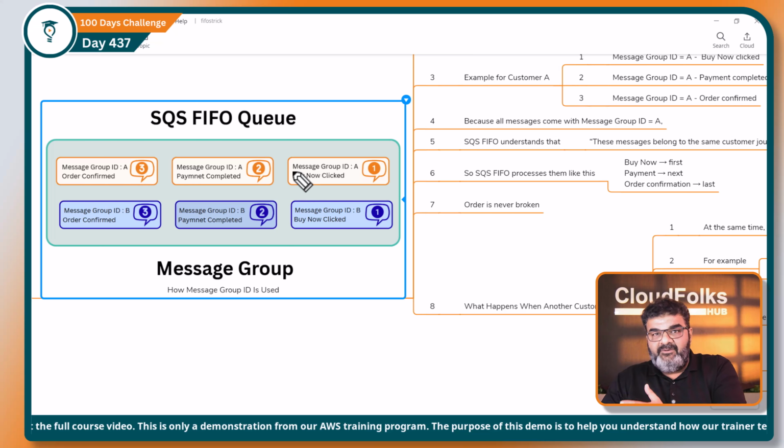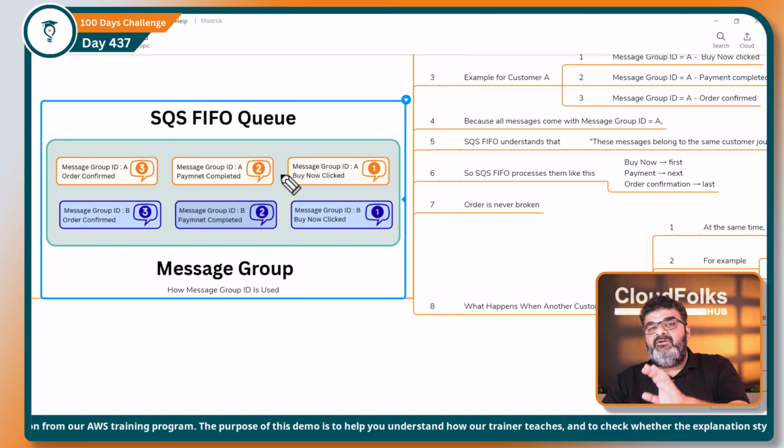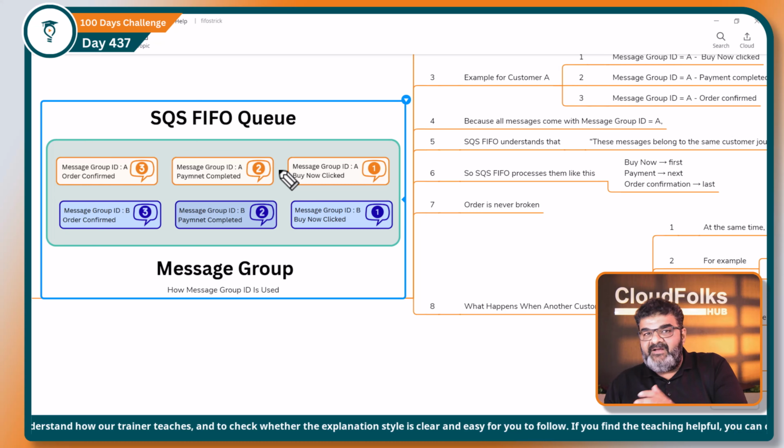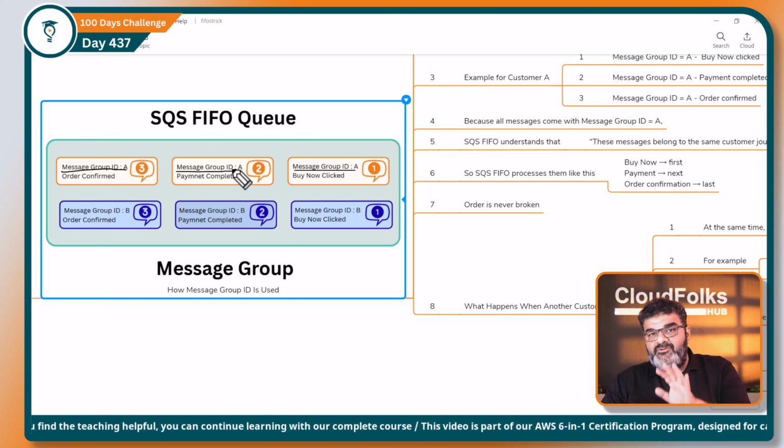So what is actually happening over here? The producer is sending details that all these three messages belong to the same customer. How? By sending all these messages into the same group. But how will SQS identify that these messages are in the same group? There is a message group ID. Now look at this: message group ID A, message group ID A, message group ID A. It means these three messages belong to the same customer and must be processed in order.